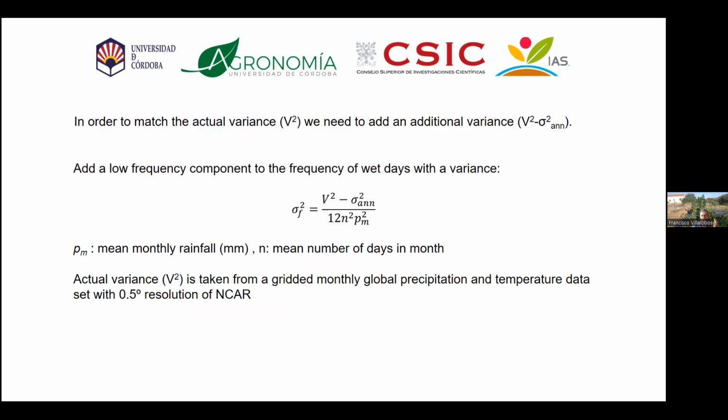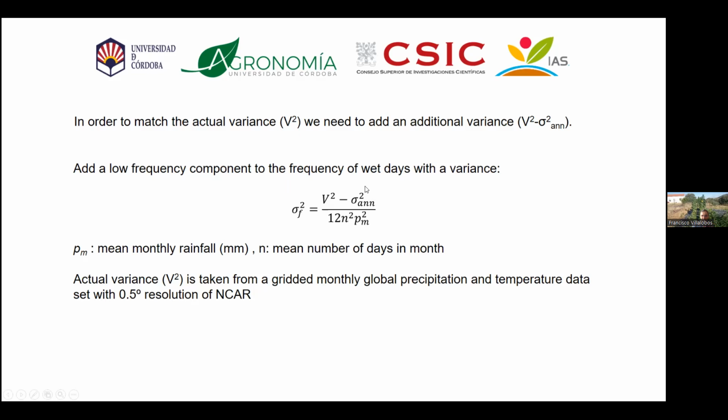How can we do that? Well, simply by adding a low frequency component to the simulation of the rainfall data. Simply, every year, what we do is that we simulate the actual frequency of wet days using this variance sigma squared sub f.